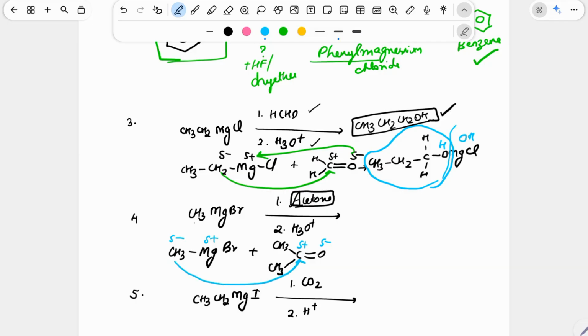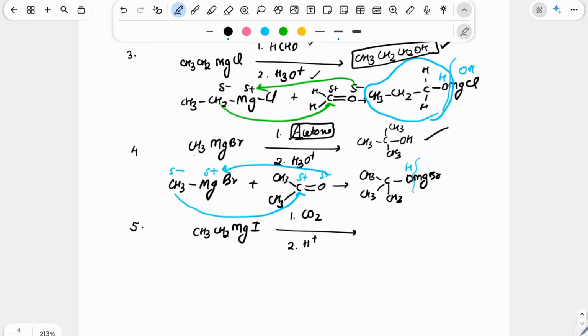So it is partially positive, oxygen is minus, negative attacks positive, and the addition product will be CH3C, new bond formation, OMgBr. Next, on hydrolysis, what happened? We can get tertiary butyl alcohol, that is, IUPAC name 2-methylpropan-2-ol we will get.